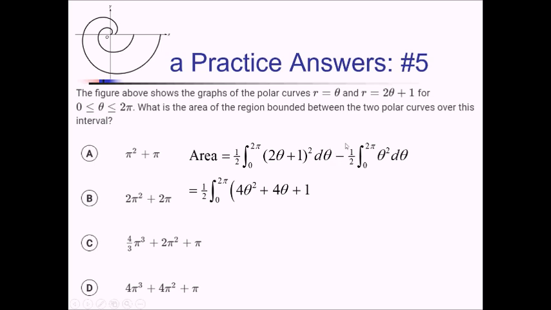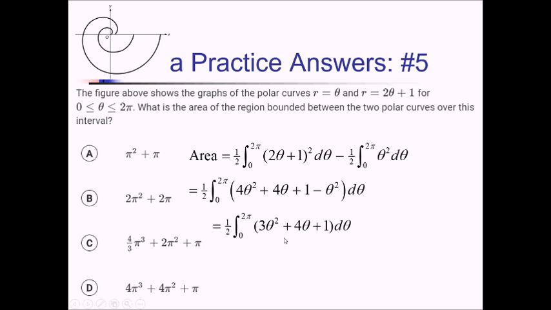And now I have to subtract the stuff that was inside this integral, so minus theta squared, d theta for all of that. And then if I just clean that up a little bit, my final definite integral, I'm going to have 1/2 integral 0 to 2 pi of 3 theta squared, I keep wanting to say pi, 3 theta squared plus 4 theta plus 1. Great.